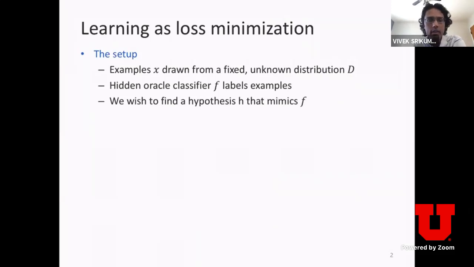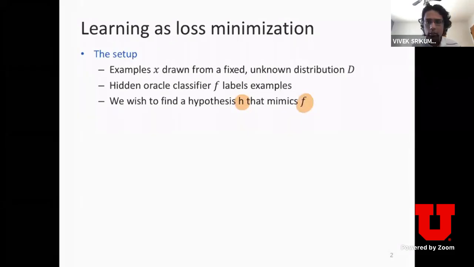We have a set of examples, X, which are drawn from a fixed and perhaps unknown distribution. And there is this Oracle classifier that labels examples. We don't know what this function is. This is a function that we wish to mimic. So our goal is to find a hypothesis, H, that mimics this function, F.